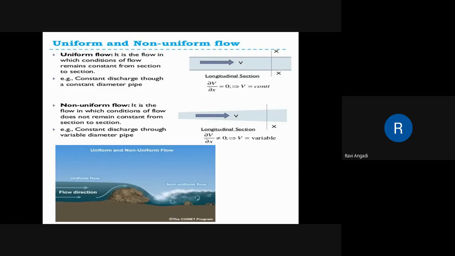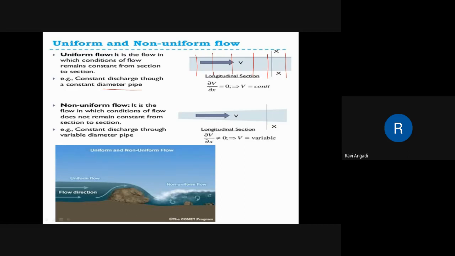Means the depth of flow remains constant from section to section. You could take anywhere, the depth of flow remains constant. Hence as the depth of flow is constant, the velocity will remain constant here. So constant discharge through a constant diameter pipe is what we call uniform flow. Even constant depth through a channel we also call uniform flow. Since we are studying channel flow, you just study with respect to channels only.